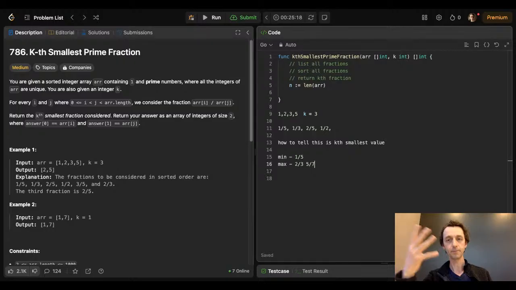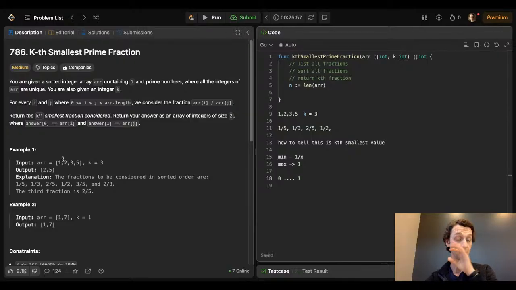But then I figured out that the whole thing is some fraction, and the whole game is within this, x divided by x, almost 1 within that range. Then minimum is trying to become 0, maximum is trying to become 1. So that's our search space.